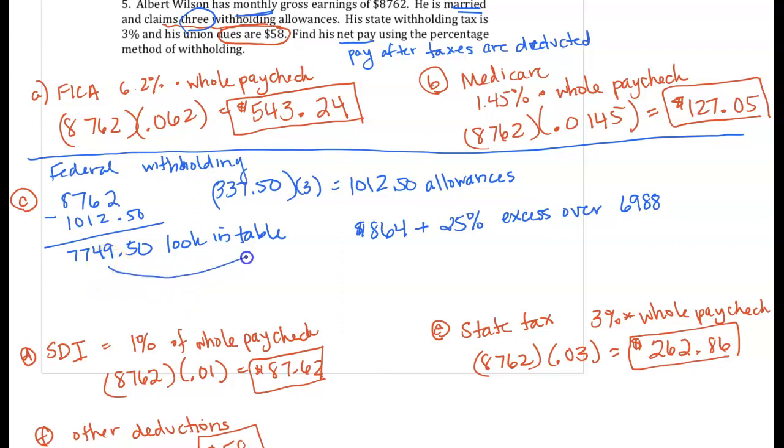So remember, this is what's going to go here to find out our excess over, what we're looking up in the table. We have $7,749.50, and we need to subtract that $6,988.